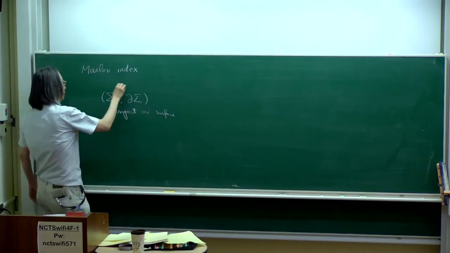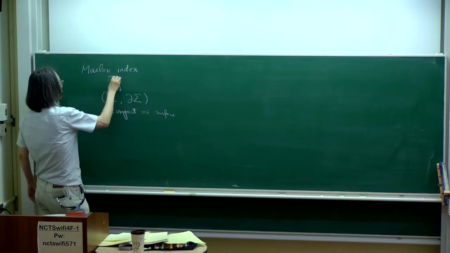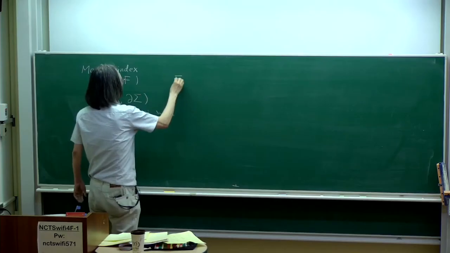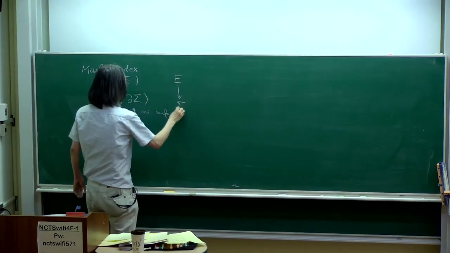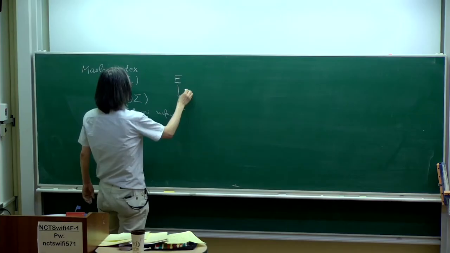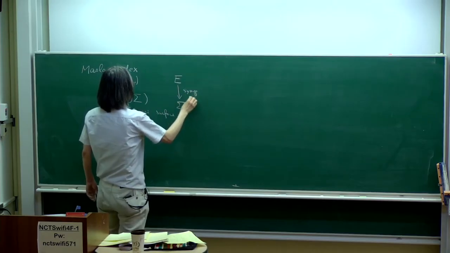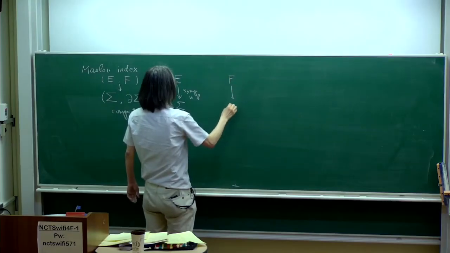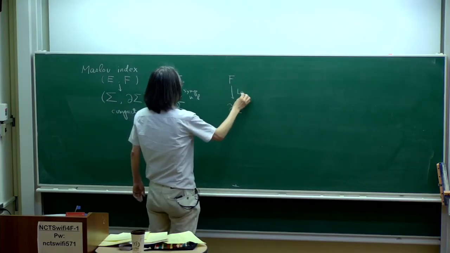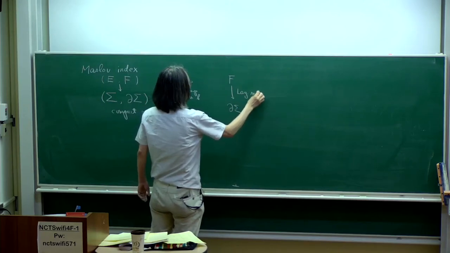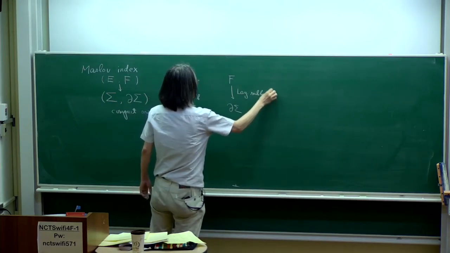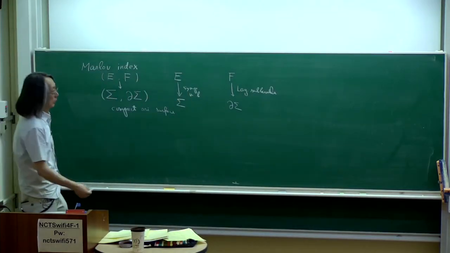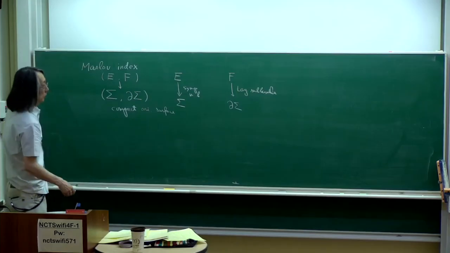And over here, you consider some pair of vector bundles, namely E is a symplectic vector bundle, and F is a Lagrangian subbundle. I mean, the fibers are Lagrangian subspaces in the symplectic vector space.